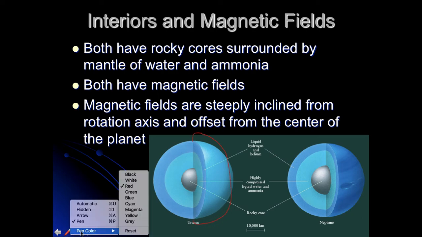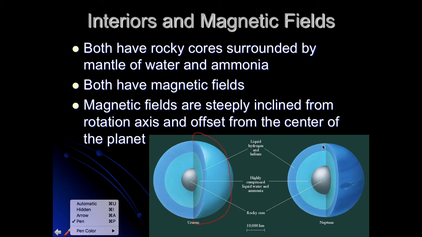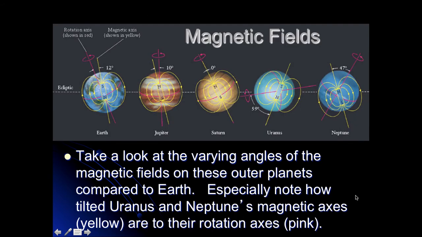But on Uranus and Neptune, the magnetic field actually comes out of the side. It's very weird, a little bit different. Oh, and look, I have a better image in my drawing.